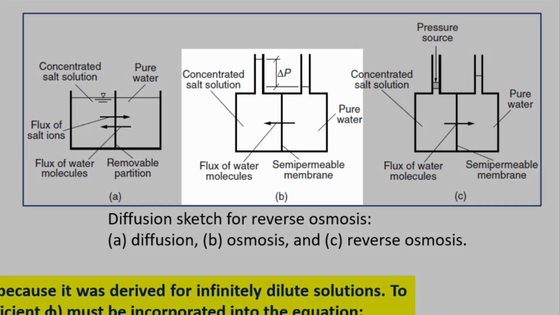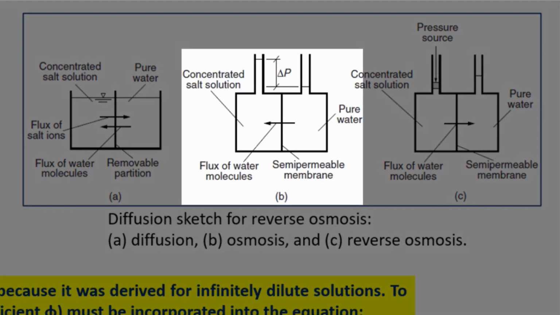In figure B, the top of the vessel has been closed and fitted with manometer tubes and the removable partition has been replaced with a semi-permeable membrane. The semi-permeable membrane allows the flow of water but prevents the flow of salt. Filling the chambers with salt solution and pure water again creates a thermodynamically unstable system which must be equilibrated by diffusion.